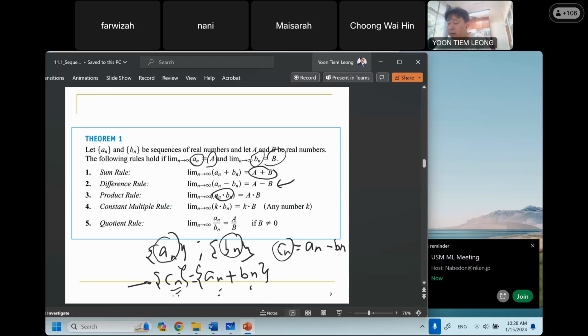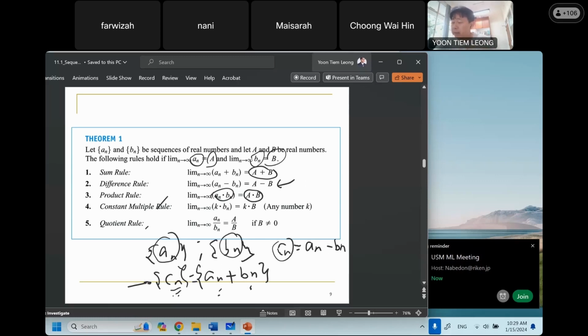Likewise, for the product of a new sequence formed from multiplying the terms an and bn, the limit of the new sequence an times bn is just the product of the respective limits. You can also have this constant multiply rule and quotient rule. Therefore, these are the very simple theorems that apply to the limit of a sequence.